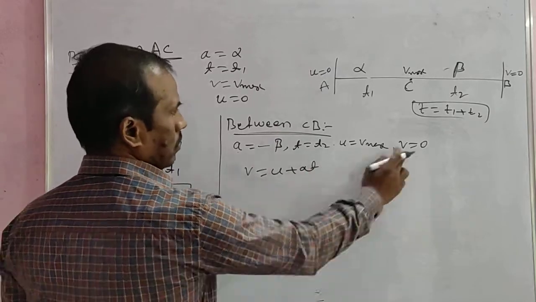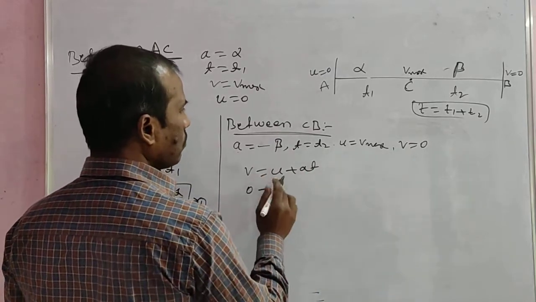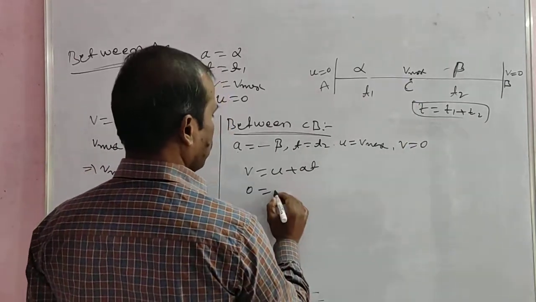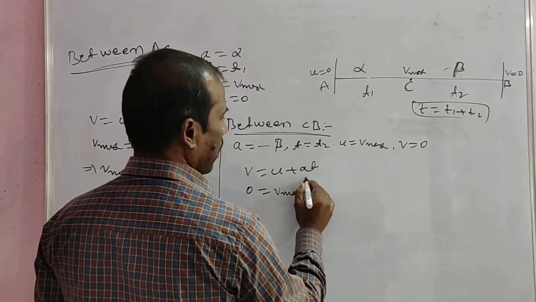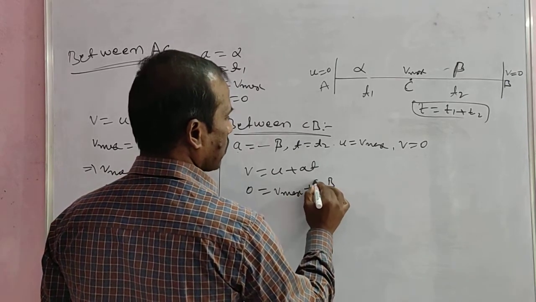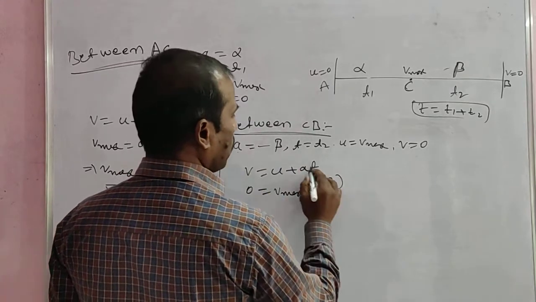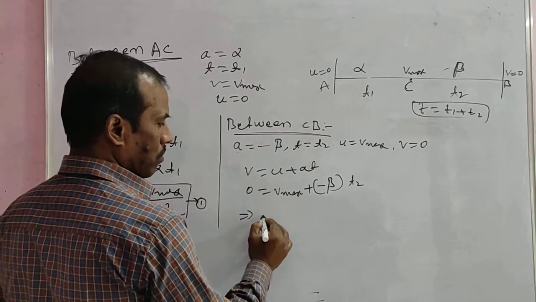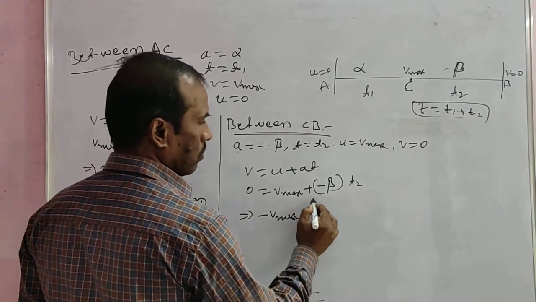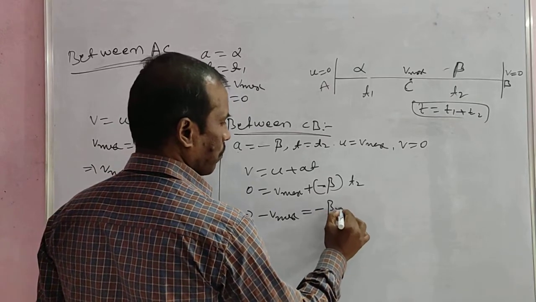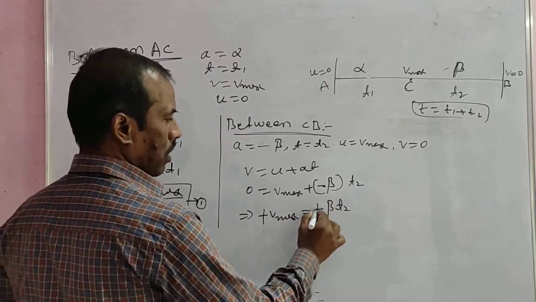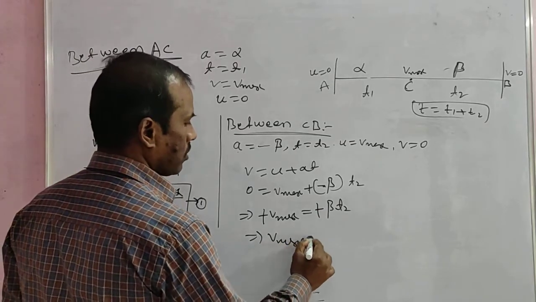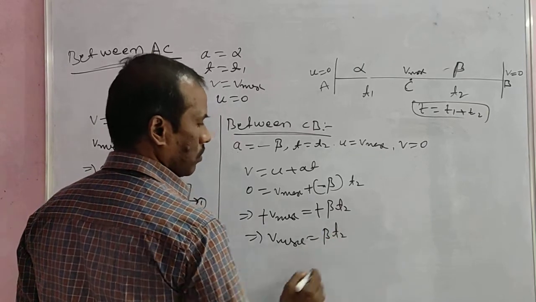Here V is 0, U is V maximum, plus A, which is equal to minus beta, into T, which is T2. Simplifying, taking the left side negative, the minus signs cancel, and V maximum is equal to beta T2.